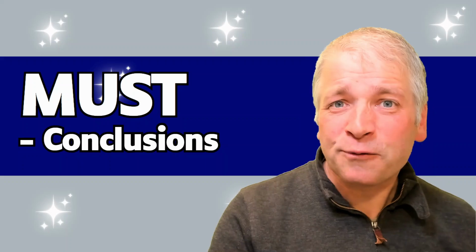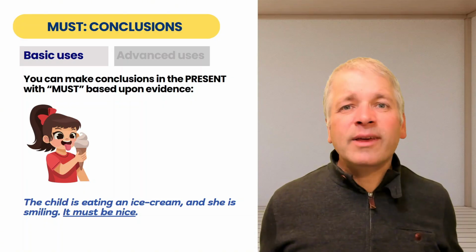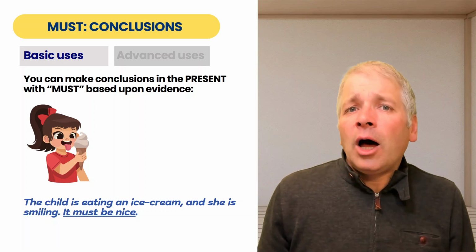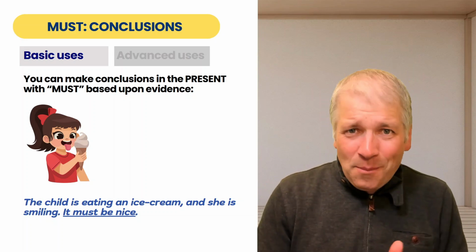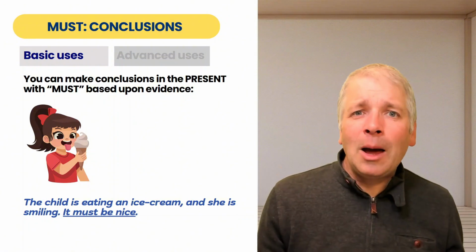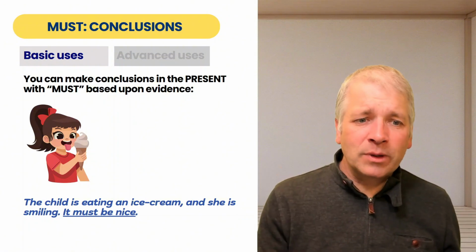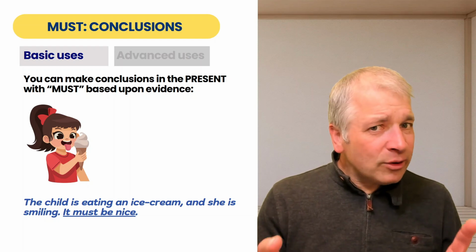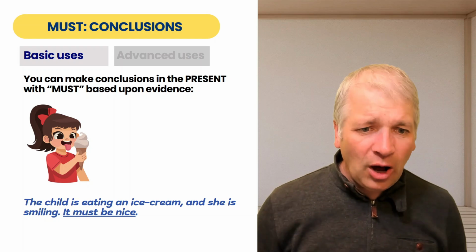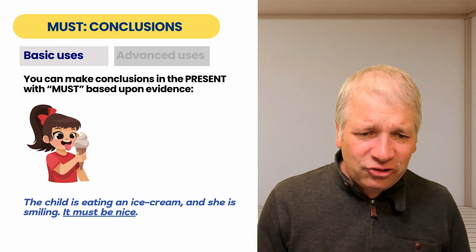Another use of must is for conclusions. Must can indicate a conclusion, where you take a whole selection of information or evidence, you bring it together and you make a conclusion about it all using must. You can make conclusions in the present with must based upon evidence. The child is eating an ice cream and she is smiling.